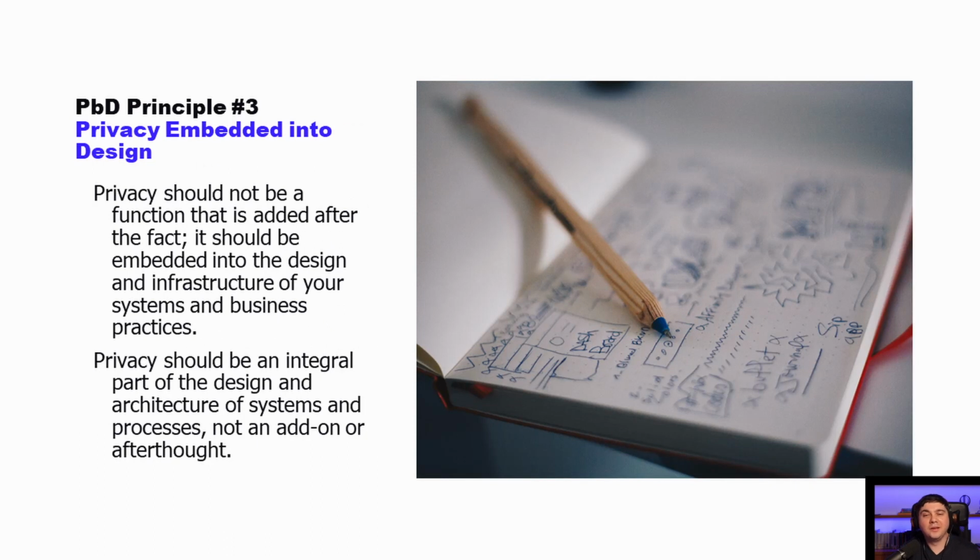Third principle is privacy embedded into design. Essentially, privacy should not be just a function or an add-on to your system. It should be embedded fully into the design of your product and its infrastructure, so you can operate your business with privacy in mind.